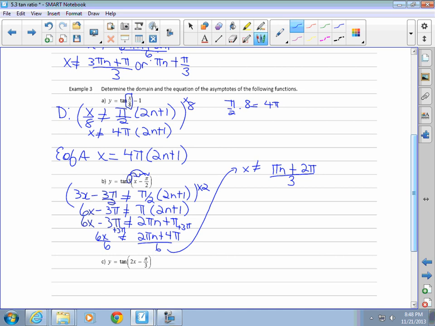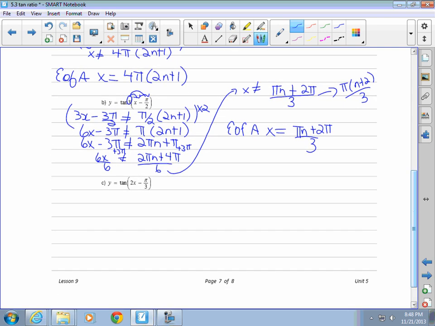So your equation of your asymptote then is just x is equal to pi n plus 2 pi over 3. This can also be rewritten. If I GCF'd a pi, I could have pi times n plus 2 over 3. So again, it doesn't matter how you write it, just as long as you've simplified it correctly.